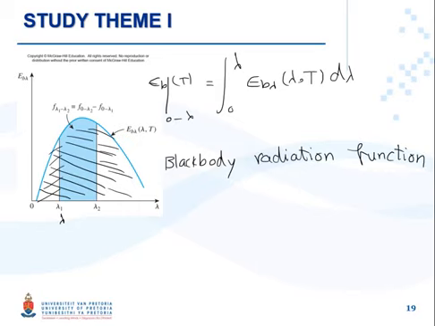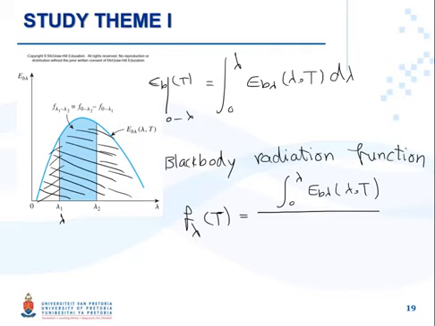This is saying that F lambda T, the black body radiation function from 0 to lambda, as I said, is the integral from 0 to lambda of E_b lambda T d lambda, which I forgot to put here, divided by the first integration, the whole area, like a ratio, sigma T to the power of 4.